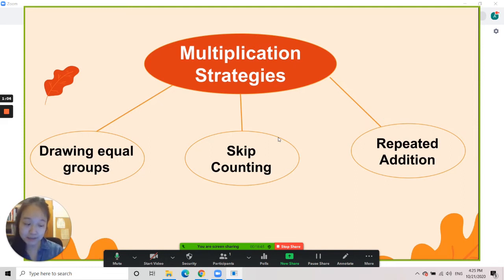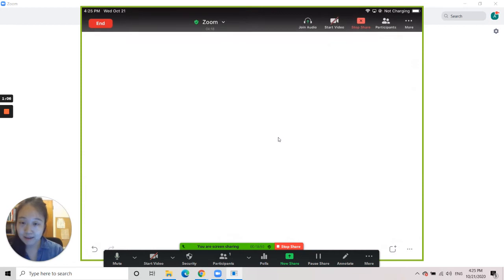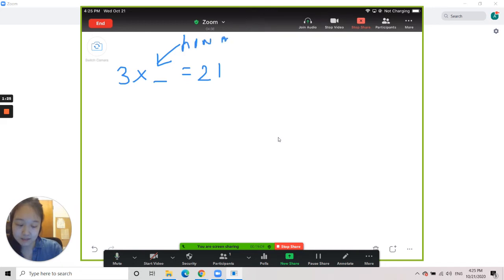The problem we'll be looking at together in this video is 3 times blank equals 21. The missing factor is my second factor, so that means I need to find out how many in each group.